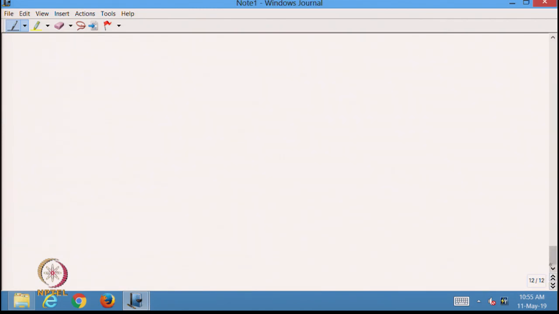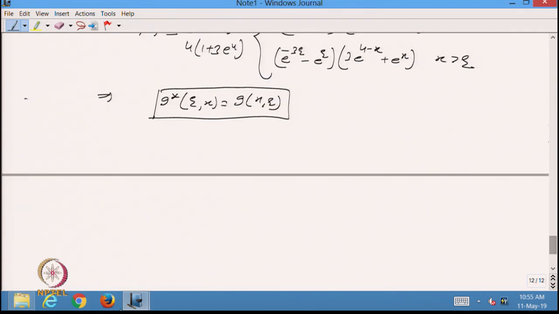So, let us start with another form of the operator, and that is called the self-adjoint operator.